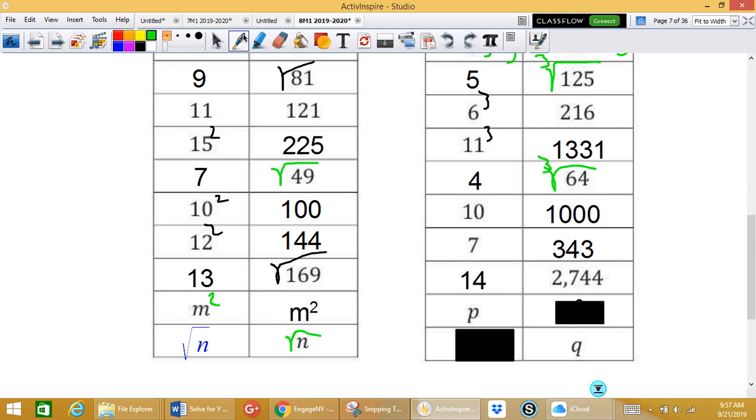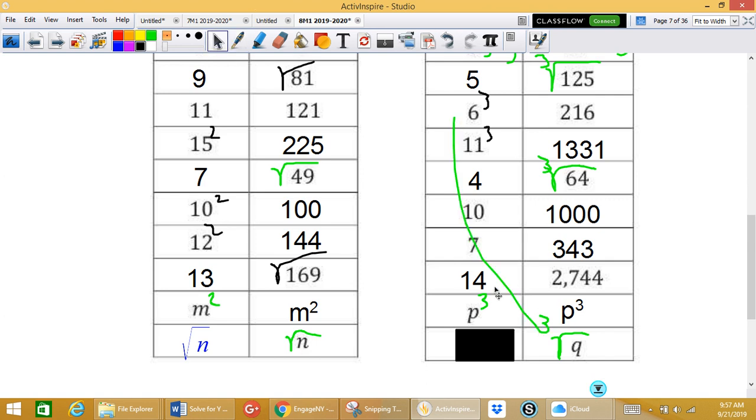So that means if I want to cube the letter P, it's going to look just like that, P cubed. And if I need to go backwards, I'm going to cube root Q. That's a 3. It's really hard to write a 3 on here. There you go.